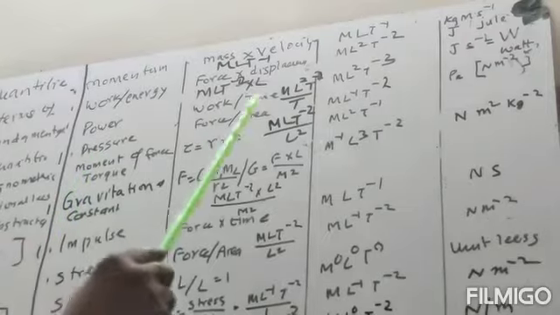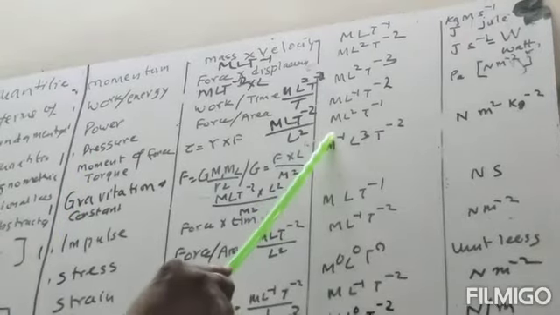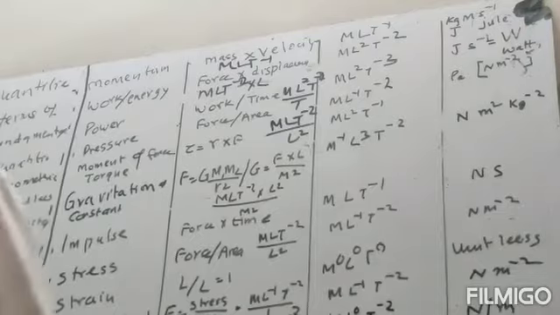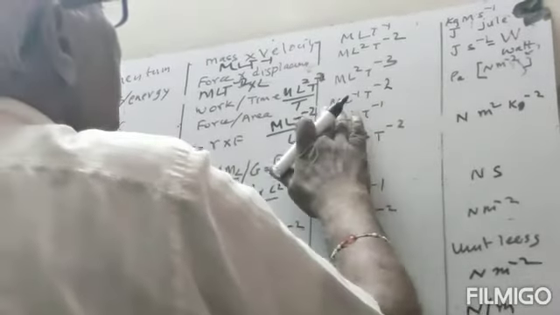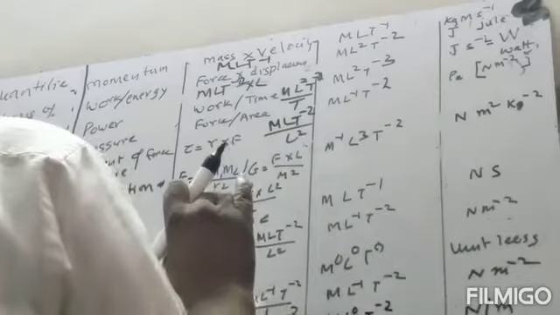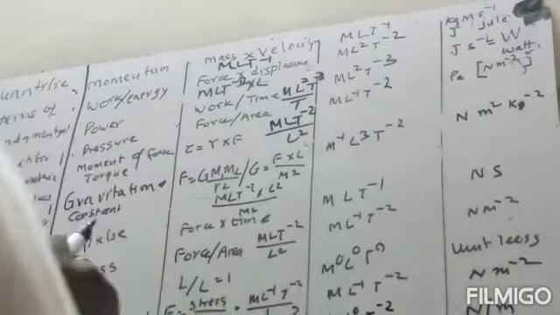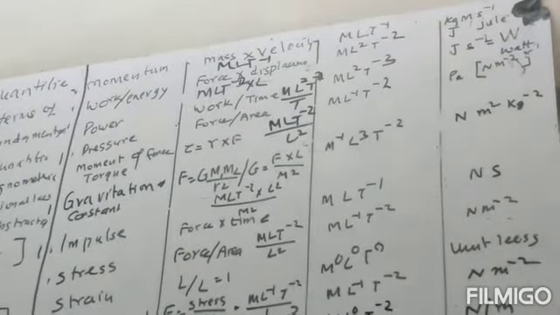So the pressure will be equal to ML^-1T^-2, correct. So here we can write the value of the dimension of this thing.